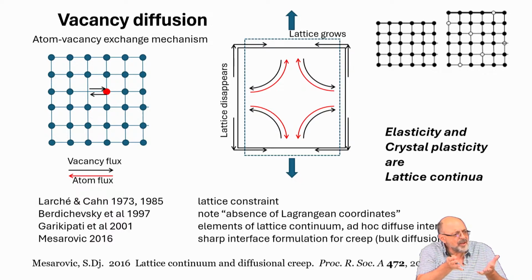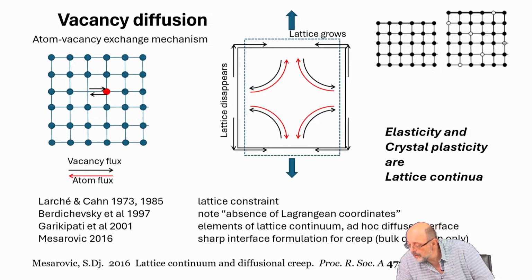The mathematics of this is the same as the mathematics of creep, except that in creep you would put in additional external stresses, right? And in sintering sometimes we use stress-assisted sintering. But the point is we are dealing with solids, and for both sintering and creep, we need to consider lattice continuum.